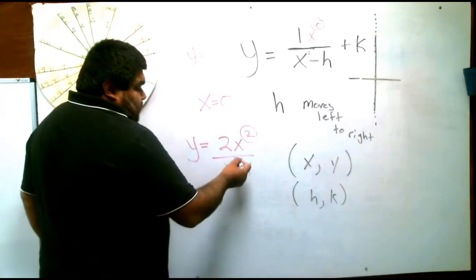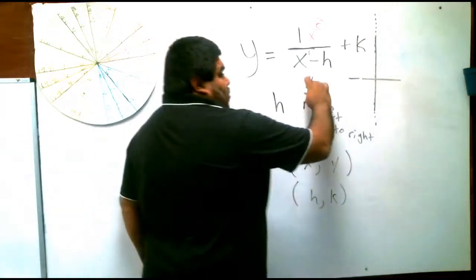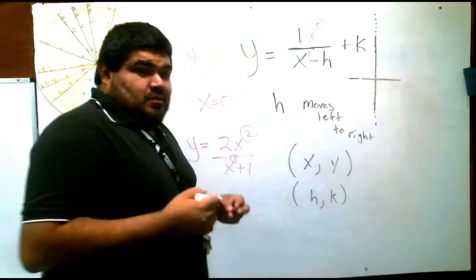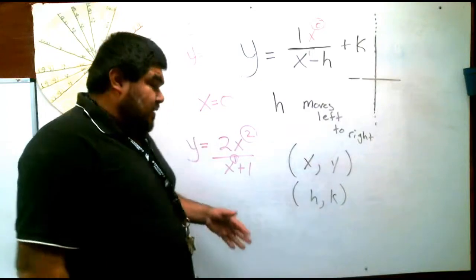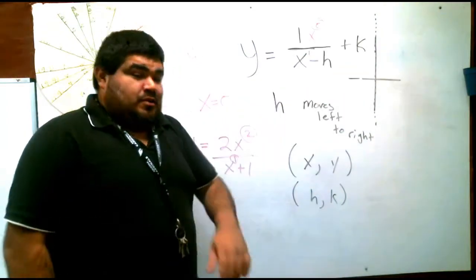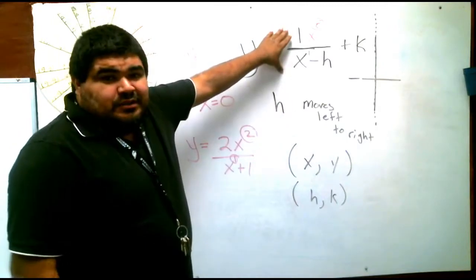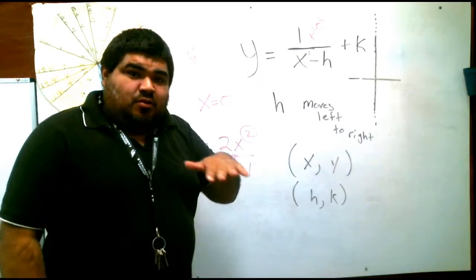Since 2 is bigger than 1, and it's on top, there is no horizontal. So sometimes you might not see a horizontal one. But when it comes to vertical, you'll always see a vertical one, because the equation is always 1 over x. That part of the equation you'll always see.